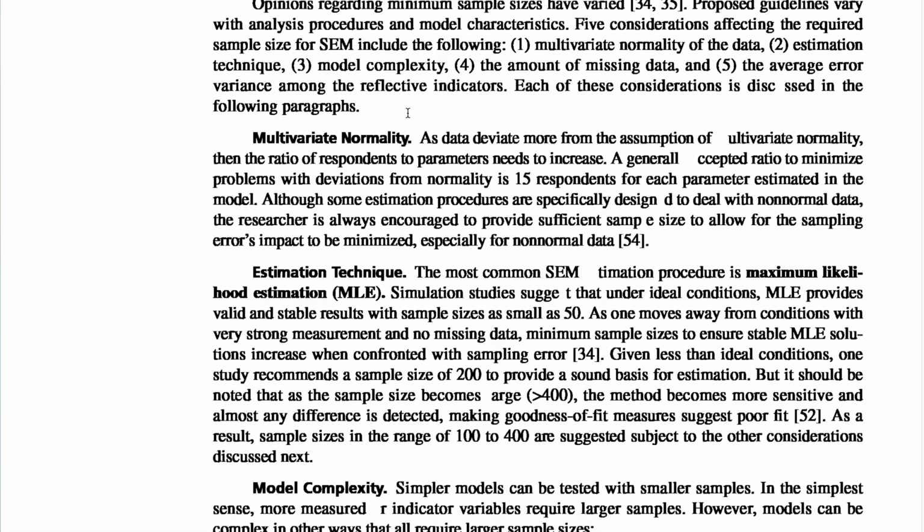Here is multivariate normality. As data deviate more from the assumption of multivariate normality, the ratio of responses to parameters needed increases.